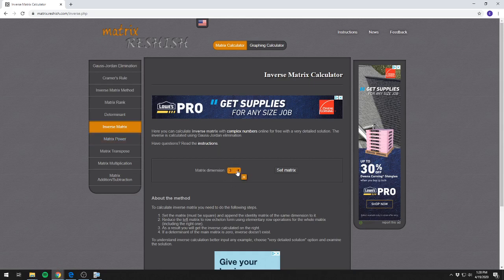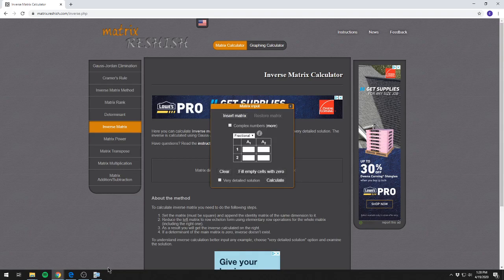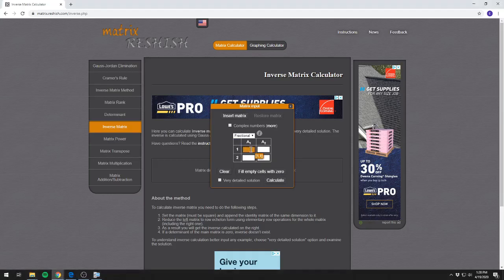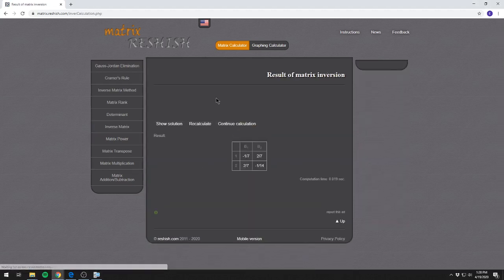If you have a 2x2 matrix, you want to do matrix dimension 2. And if we want to do the inverse of our matrix B here, we would type in 1 4 4 2. And it just gives that to you right away.